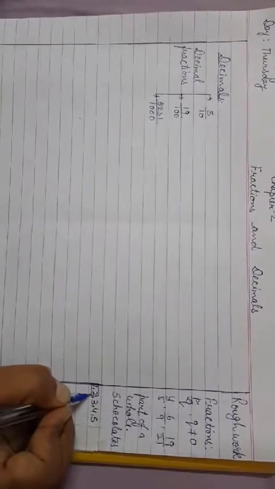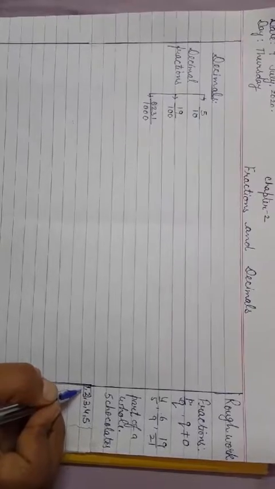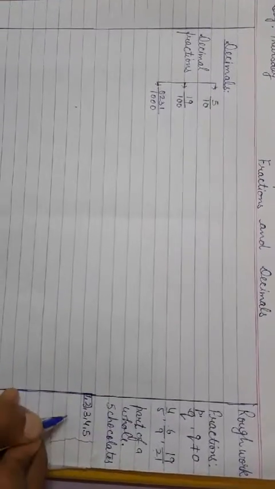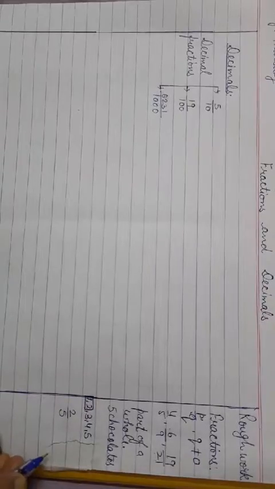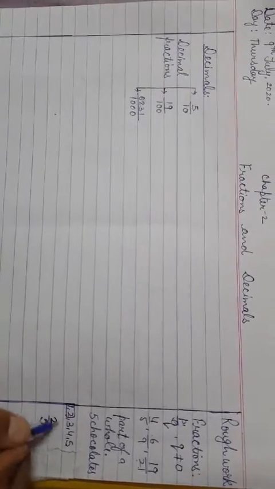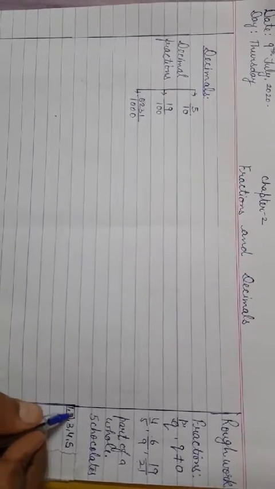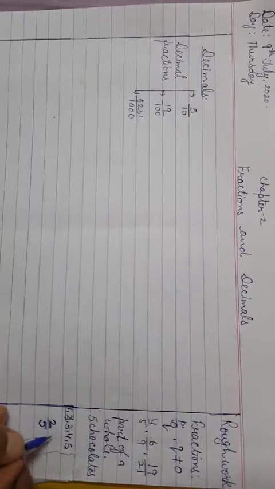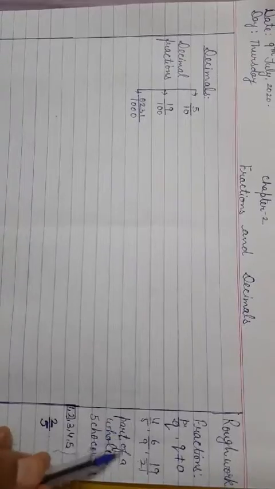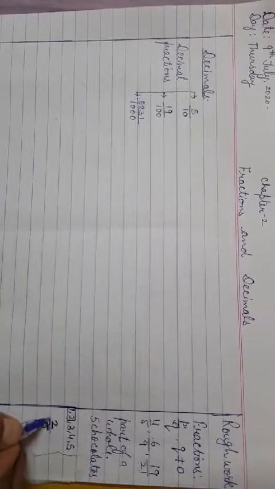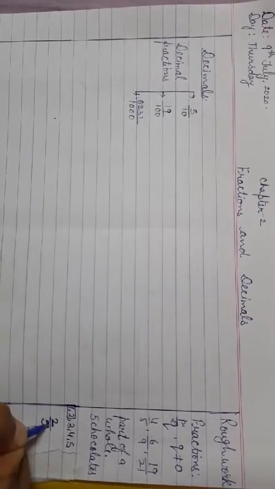Then if I want to show the part which I have eaten in the form of a fraction, I will write it as 2 upon 5. Here 5 is the whole quantity, that is 5 chocolates, and 2 is the number of chocolates I have eaten out of these 5 chocolates. So 2 upon 5 is a part of this whole quantity. Means a fraction is a part of a whole. Means to show a part of a whole quantity we use fractions.